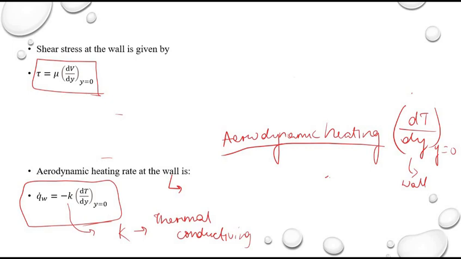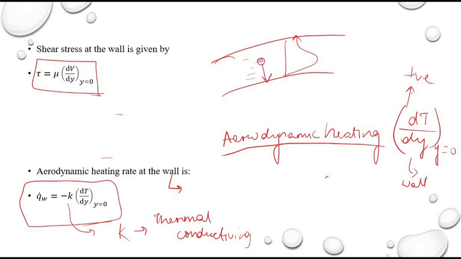Looking at the diagram, if I have this as my temperature profile and this is the gas, and the temperature gradient is positive, the heat is transferring from the gas into the wall, which is opposite to the direction of increase in temperature. My temperature is increasing in this direction and heat is transferring in this direction.